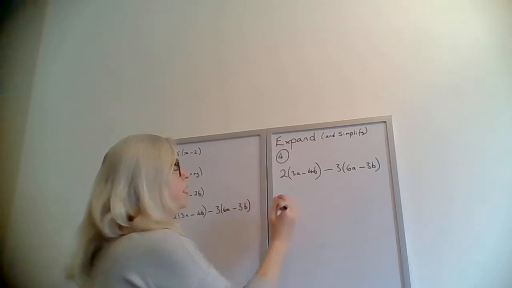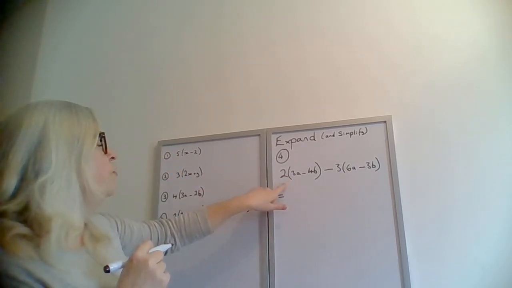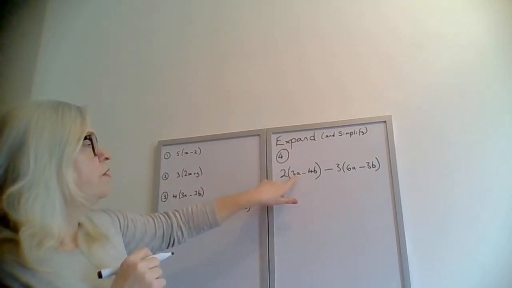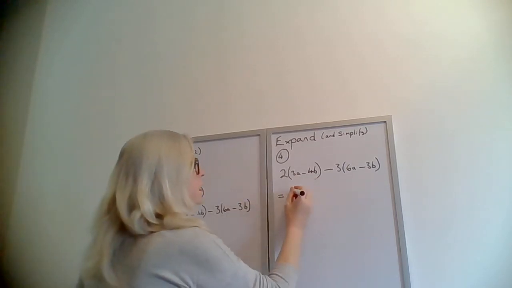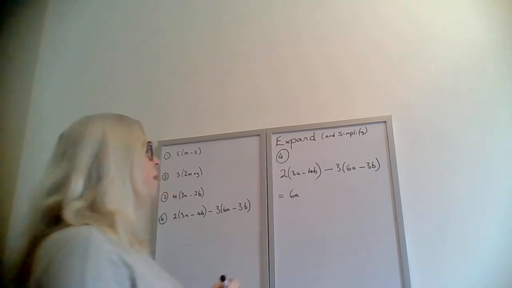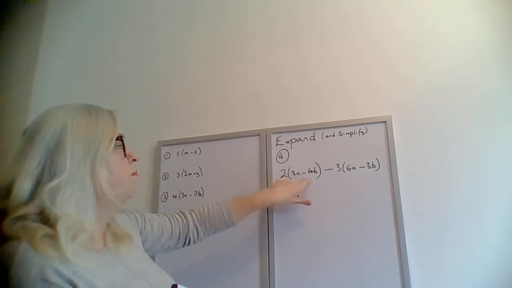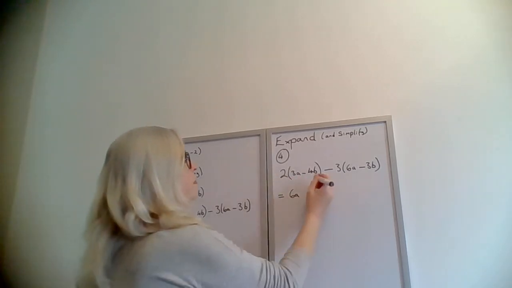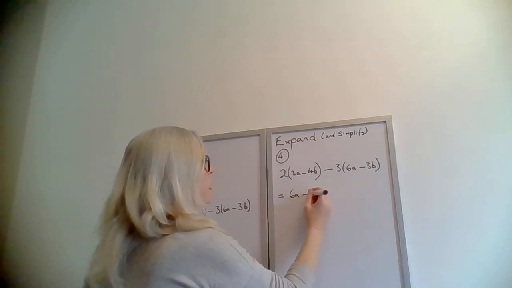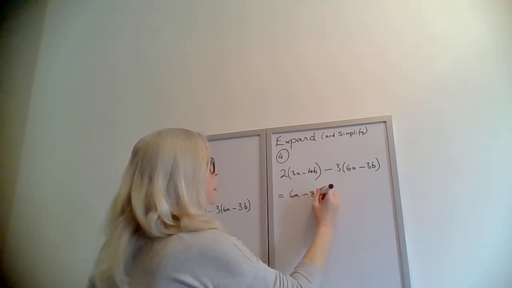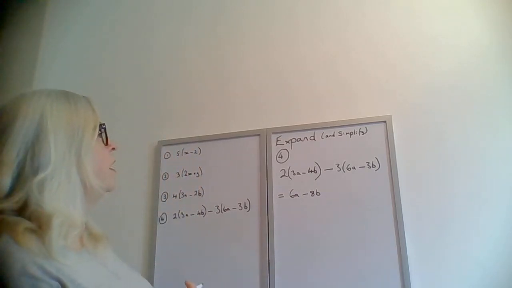So let's look at the first term then. 2 times 3a minus 4b. So 2 times 3a is 6a. 2 times minus 4b is minus 8b. Okay?